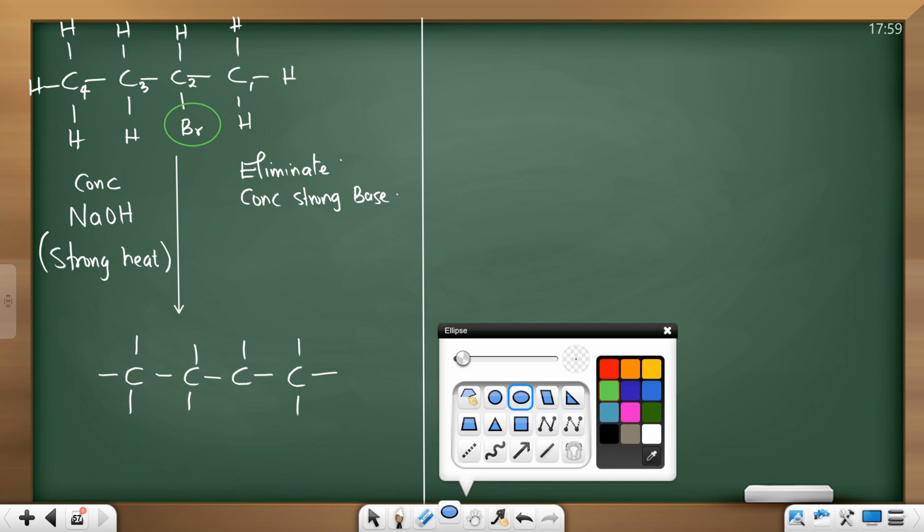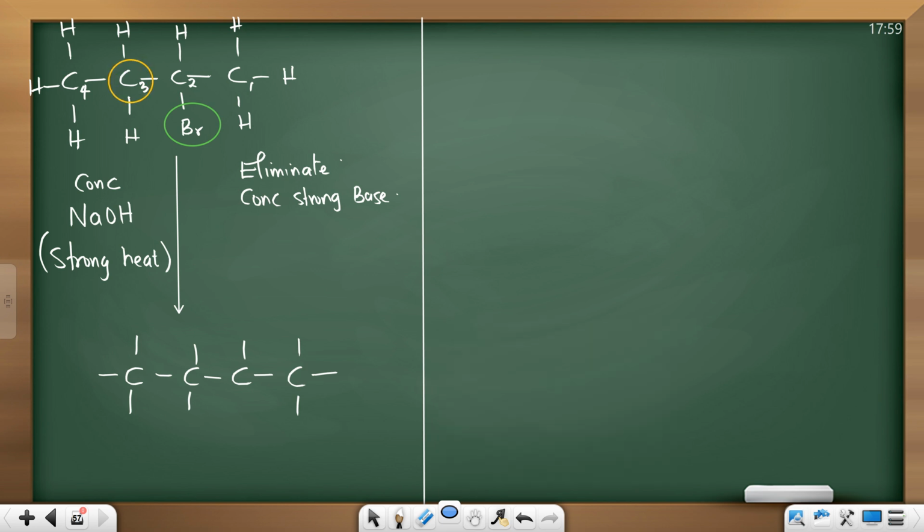I am now going to look at the hydrogens on the carbons that are next, either 3 or 1. Please understand, I removed the bromine atom from carbon 2. Don't go and remove the hydrogen from carbon 2 again. That is wickedness. The guy has already lost the bromine atom. So I'm going to check the ones by the side, either carbon 1 or 3.